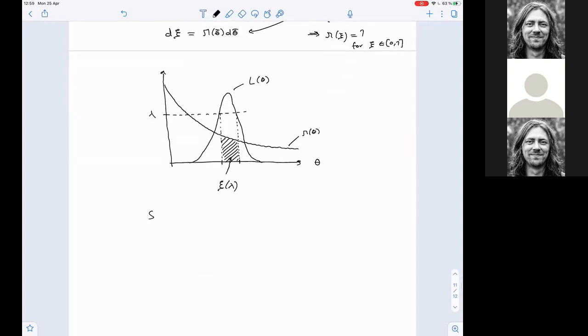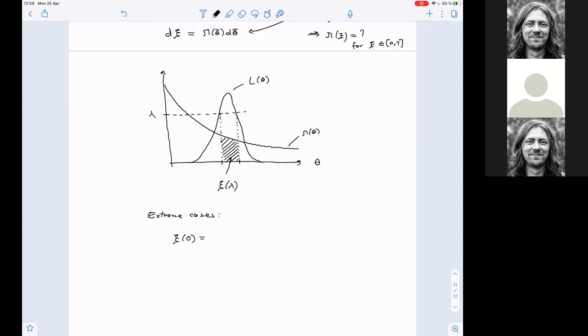So let's say the two extreme cases are psi of... so what do you get if you put this lambda to 0? What's the prior mass contained within the region of likelihood greater than 0?